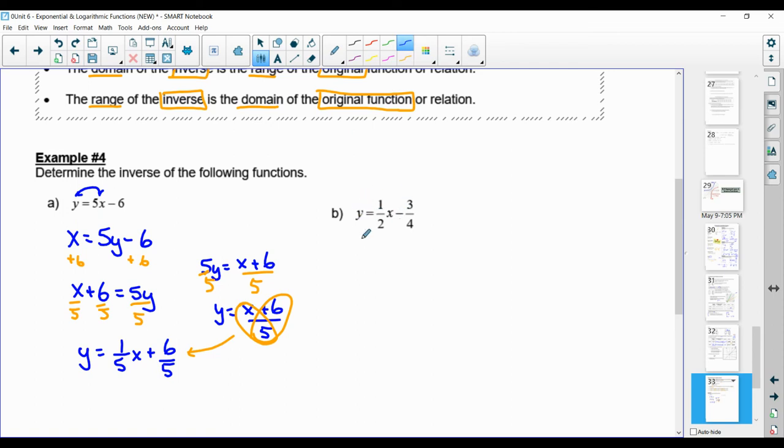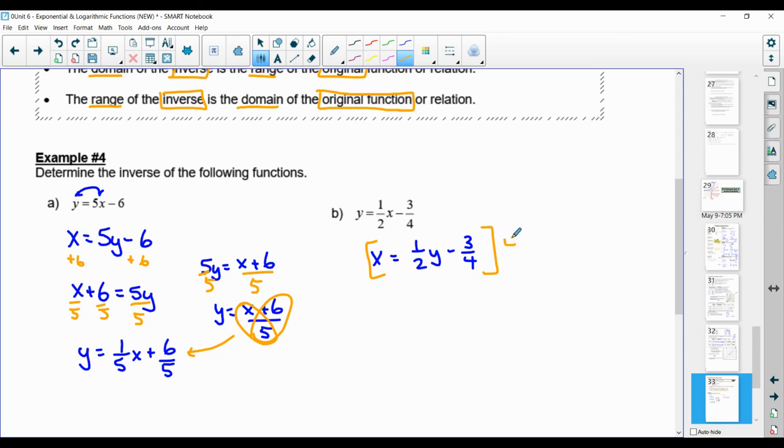All right, taking a look at the next example here, I've got x equals 1/2 y minus 3 over 4. And after I've interchanged them, the next step is to solve for y. So in order to start manipulating this equation, I don't really want to have to work with a lot of decimals. So the first thing I'm going to do is get rid of my denominators.